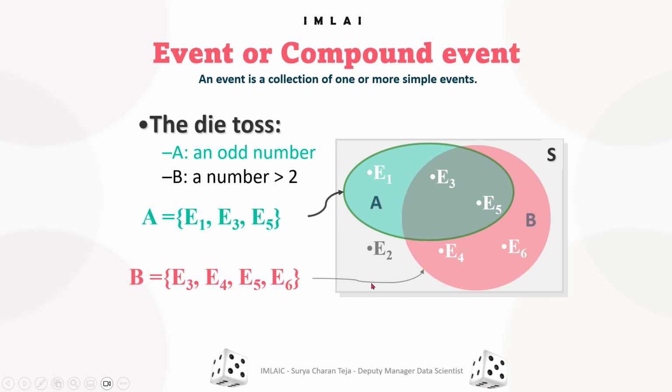So a compound event is an event that's made up of more than one simple event. Simplistic way to put it: an event is a collection of one or more simple events.